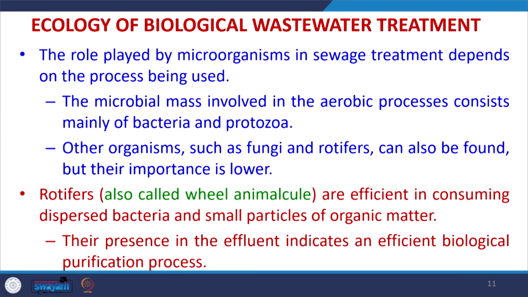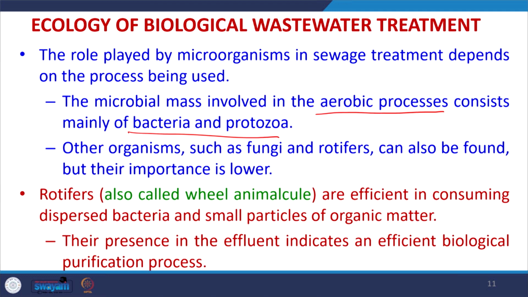The microbial mass involved in aerobic processes consists of bacteria and protozoa. So, if aerobic treatment is happening, these microorganisms will be involved. Other microorganisms such as fungi and rotifers can also be found, but their importance is lower.